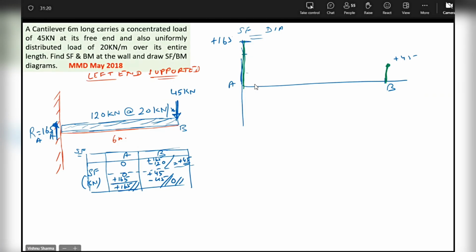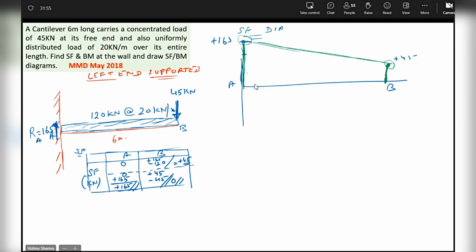Where is the variation? Please identify. At B is not the question. From A to B, I am saying. You're going to join from right of A to left of B. These are the free ends, correct? So from right of A to left of B, is the change varying or is the change uniform? Uniform. So that means you'll put your scale and join with a straight line. This becomes your SF diagram. Okay, guys?